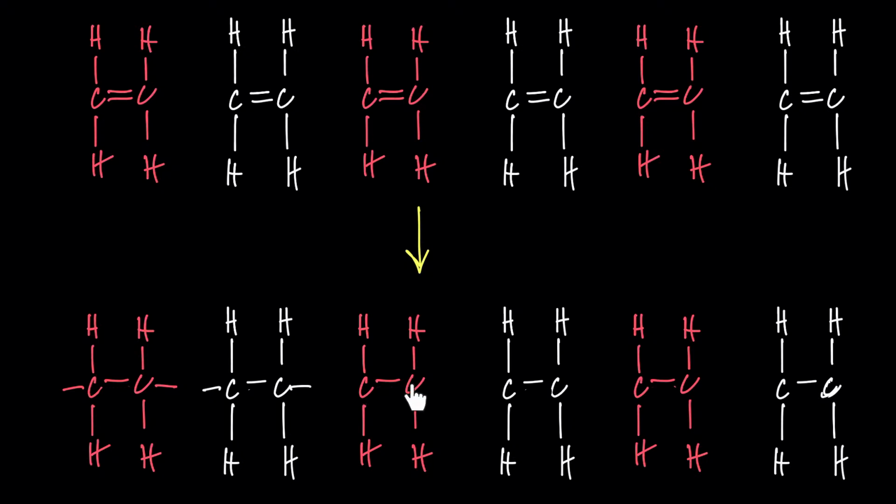Instead of not bonding with anything, the red carbon ends up bonding to the white carbon, and the white carbon ends up bonding to the next molecule. Why? Because carbon needs to make 4 bonds. If it breaks a double bond, it needs to make a 4th bond, and that's the 4th bond. This one has 3 bonds. This one has 3 bonds.